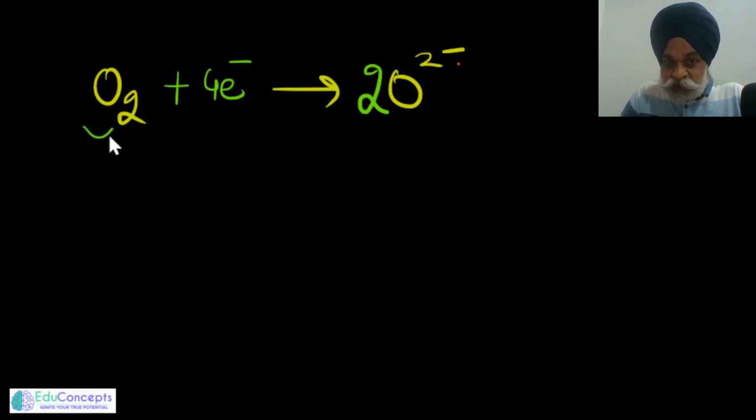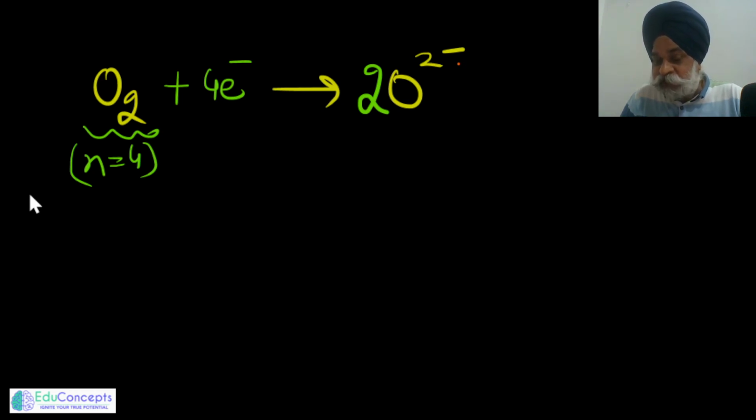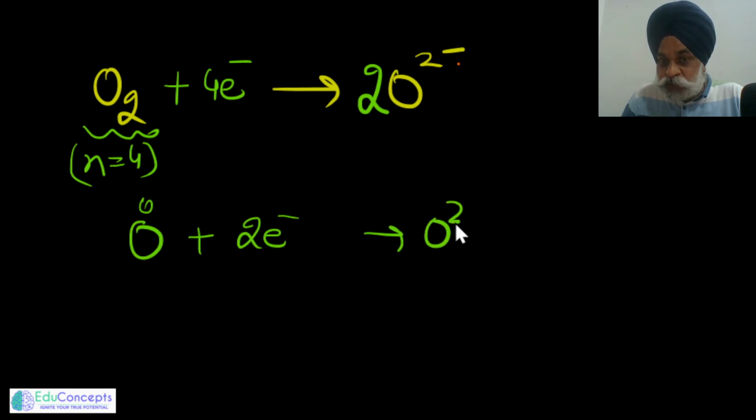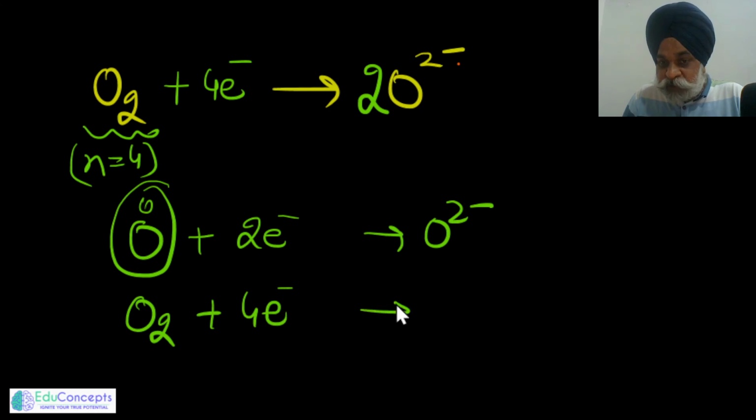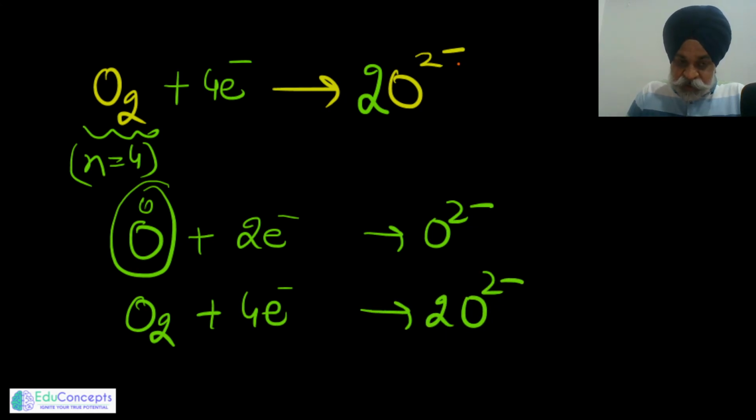So this shows this oxygen happens to gain 4 electrons. So the nFactor here is 4, which at times people take as 2. It would not be 2. If I say oxygen in 0 oxidation state in a monatomic form takes 2 electrons and changes to O2-, but this oxygen in monatomic form is not available. It is available in the form of O2. So it is going to take 4 electrons and change into 2 O2-. So I think I made my point clear.